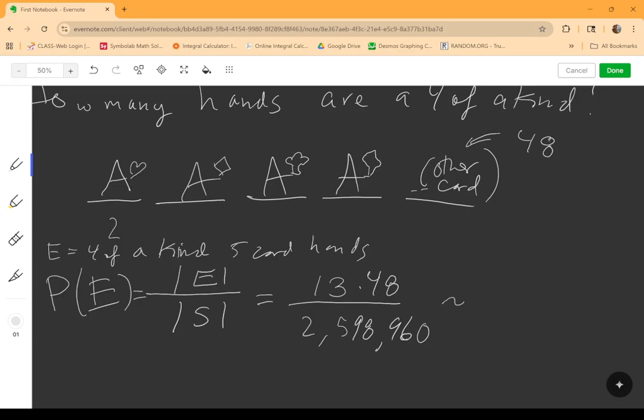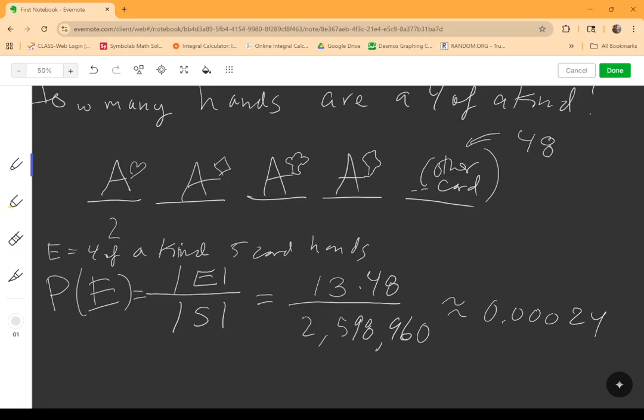All right, so that is approximately 0.00024. All right, so that's the probability. So it's less than 1%. Less than half of a percent. Smaller than that, but a very small amount of them are 4 of a kind hands.